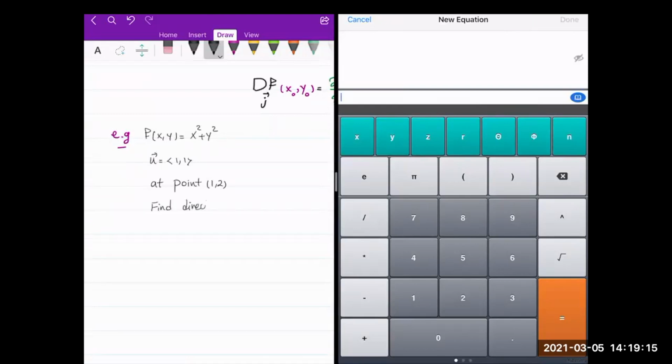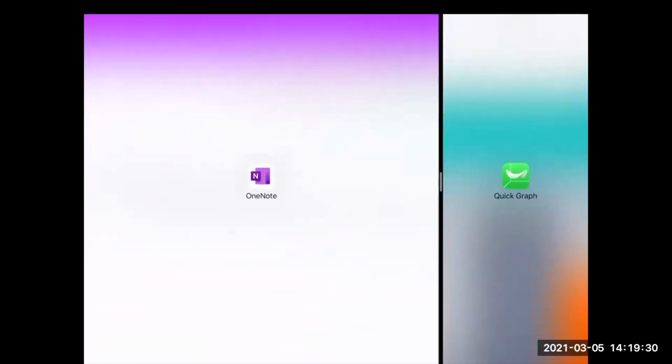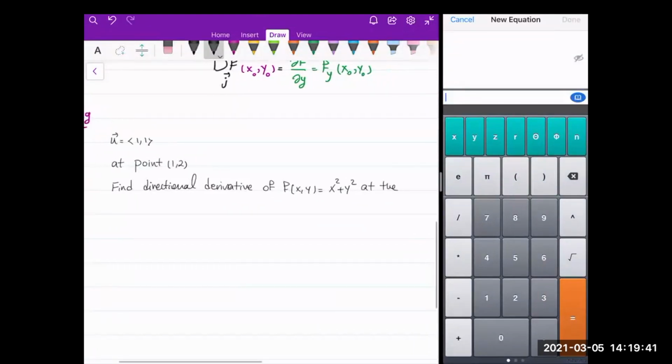Okay. The question is this: find the directional derivative of f of x, y equals that at the point (1, 2) in the direction of u.